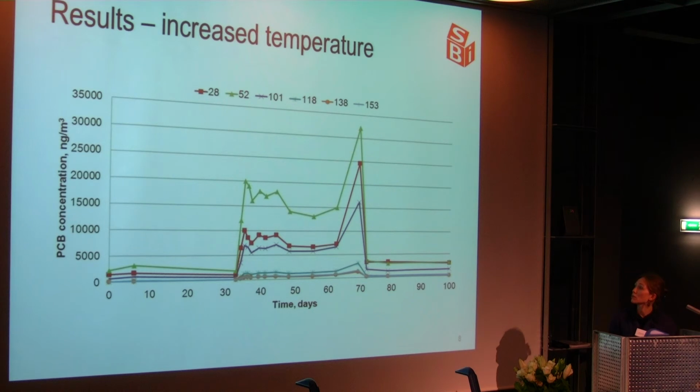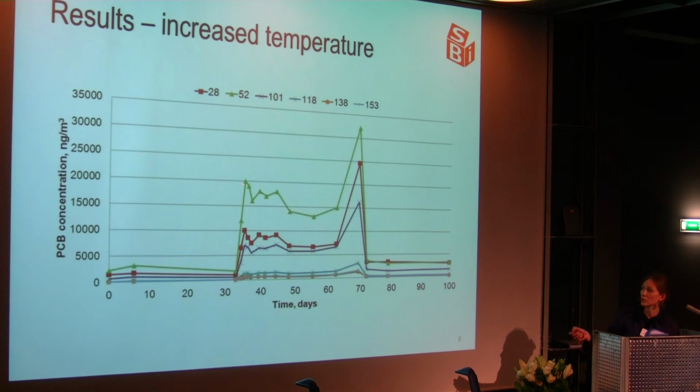This slide shows results from the whole investigation. This is the measurements at baseline. This is the PCB concentration in the air in nanogram per cubic meter, and the different lines correspond to different congeners. This is the measurements at baseline at 23 degrees.